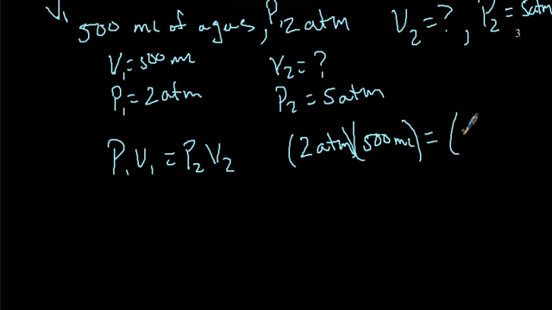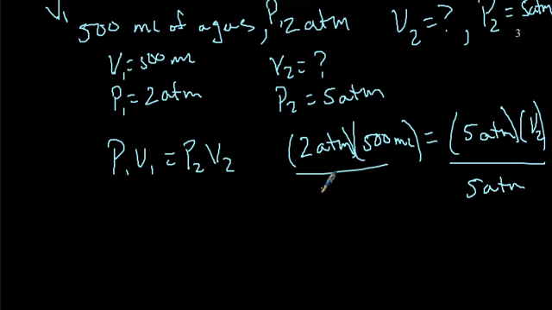It's going to equal our P2, which is 5 atmospheres, times V2, which we don't know. So if we're going to solve for V2, we divide by 5 atmospheres on both sides, and we can start canceling units. The atmospheres will cancel, and I see that this 5 here will cancel with this 5 over here, making this 2 times 100, which means our V2 would wind up being 200 milliliters of gas.